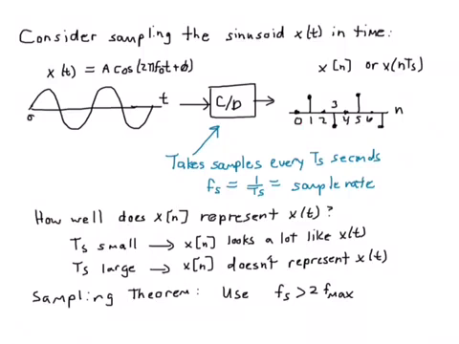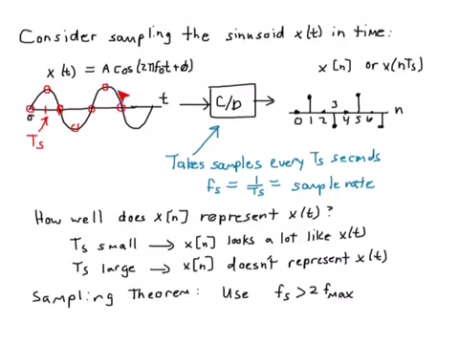We take a sample at 0, and a sample here, and here, and so on. The space between two samples is Ts, with equal spacing all the way across.